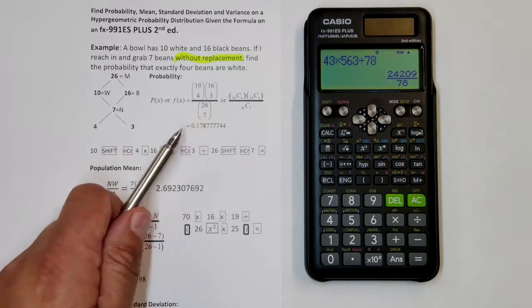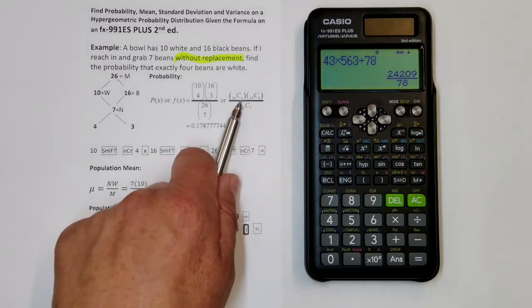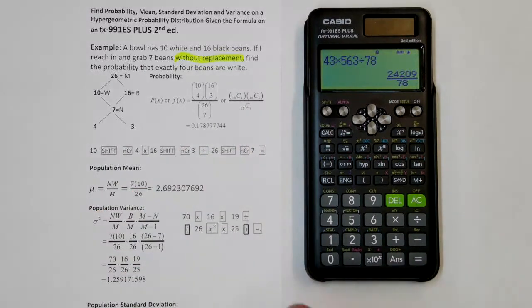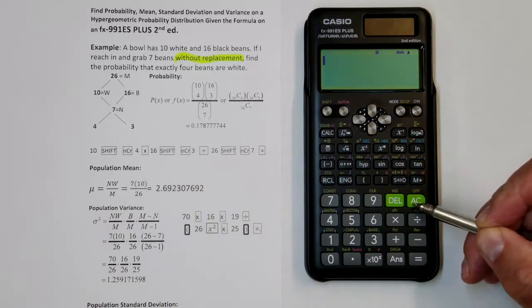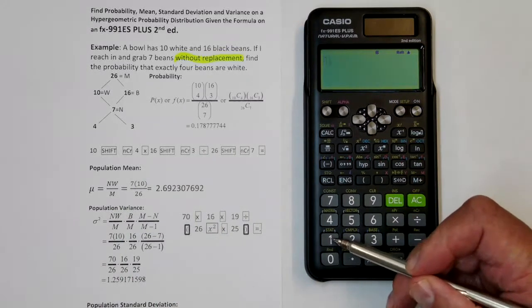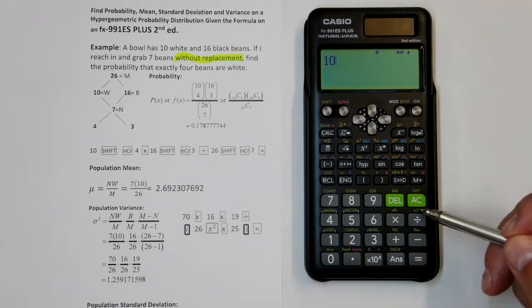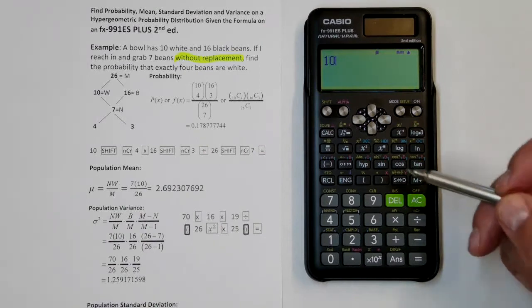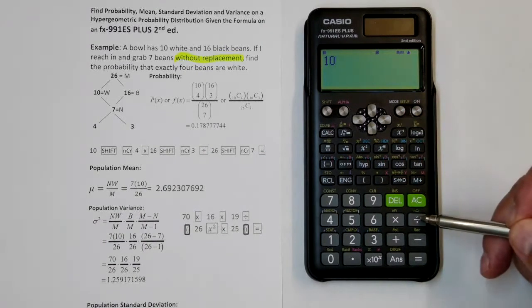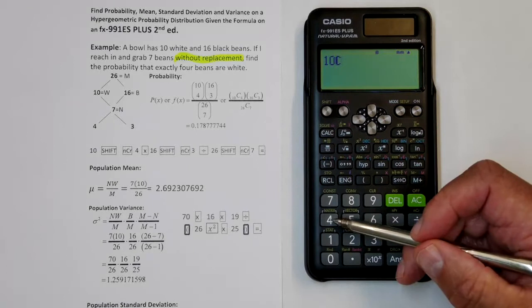Now, how do you do that? When you're done, the calculator is going to look something like this. You'll go ahead and clear your calculator. You'll go 10. Now to get a combination, it's above the division key. So hit Shift, divided by, 4.